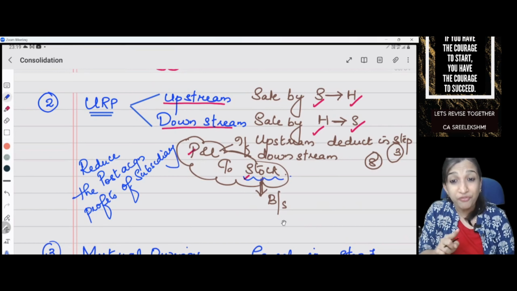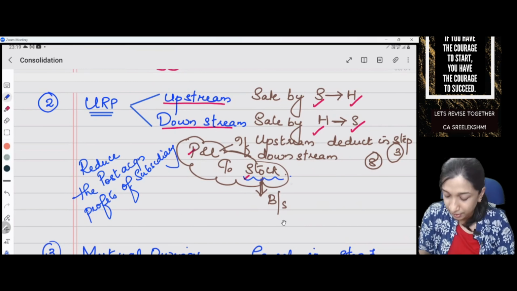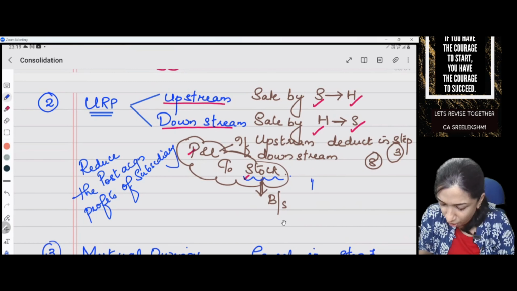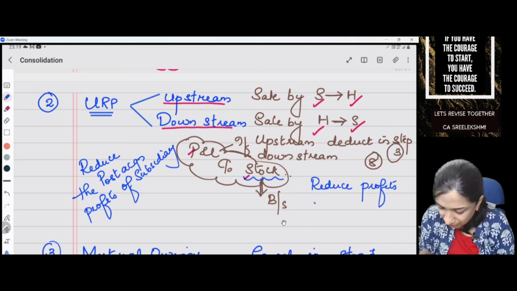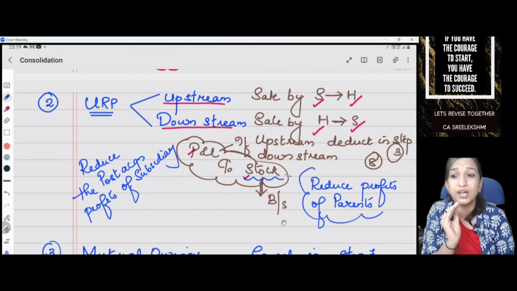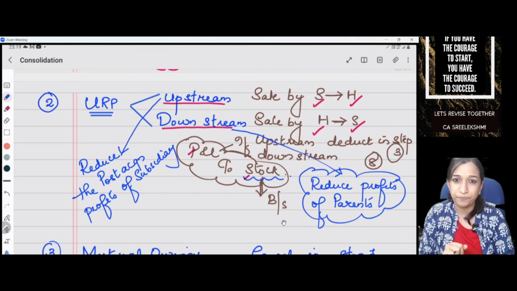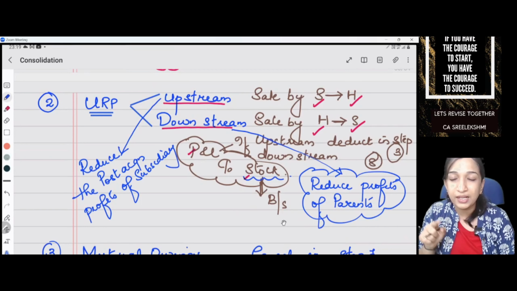If it is downstream, reduce the profits of the parent company, because the parent company's profits are inflated. Reduce the profits of the parent company if it is downstream. If it is upstream, reduce the post-acquisition profits of the subsidiary company. And don't forget to deduct stock in the balance sheet from the total of the stock in the consolidated balance sheet.